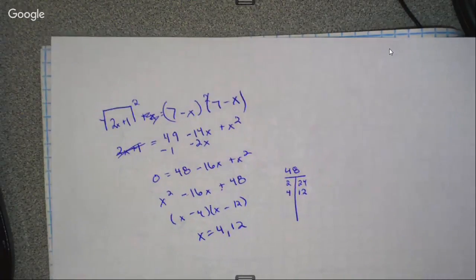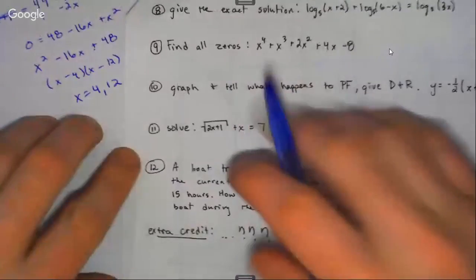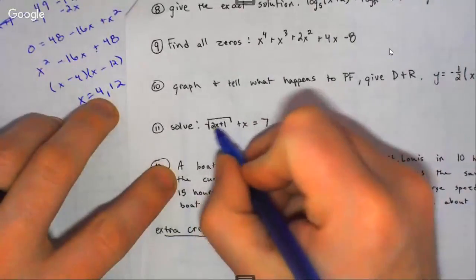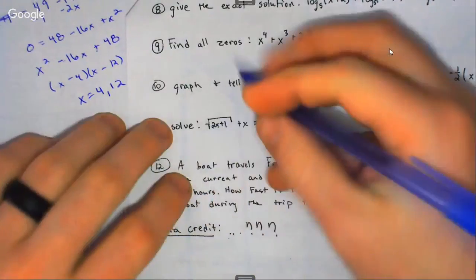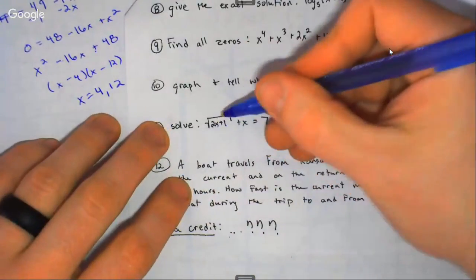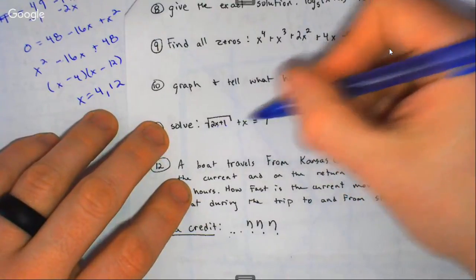Now, again, you need to go back and check because right here, you can't have a negative under here. Okay, so if we plug both of these numbers in, 4, we get 2 times 4 is 8. 8 plus 1 is 9. Square root of 9 is 3. 3 plus 4 is 7.